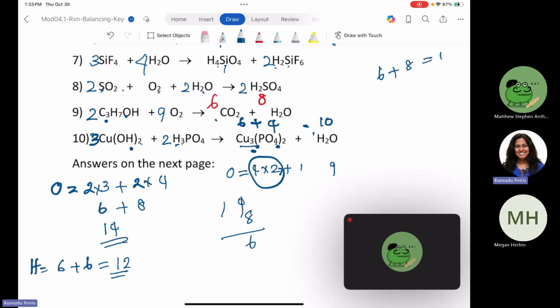Oh, okay. It's 14. Right. Oxygens are 14 on the other side. Then this side I have oxygens 8. So I must have 3, 6. Oh, okay. Because it should be 6. Is it correct now? Yeah. Okay. Right.